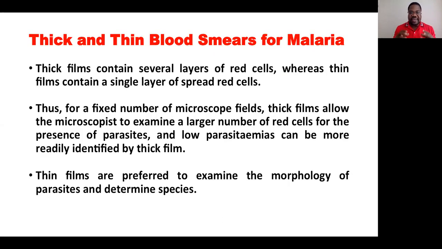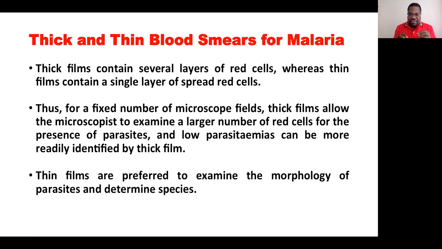So what is the thick and thin blood smear? We will see how you do the collection of the specimen. Then you have your microscope slide. You put a drop of blood on it. One will be a thick smear, and another one will be a thin smear, where the layer of the film will be thin.